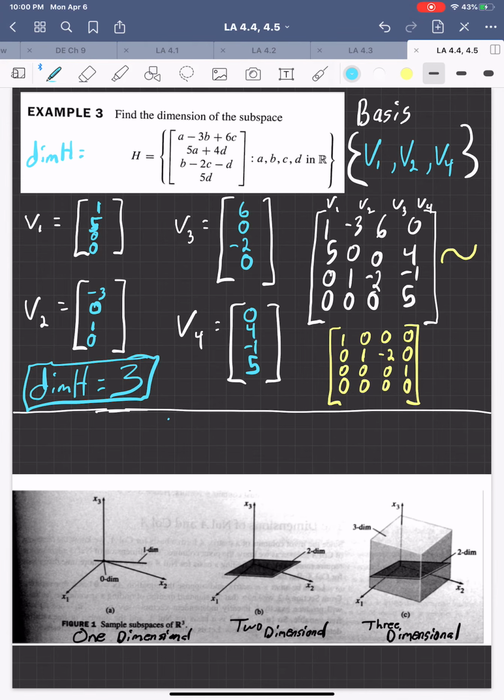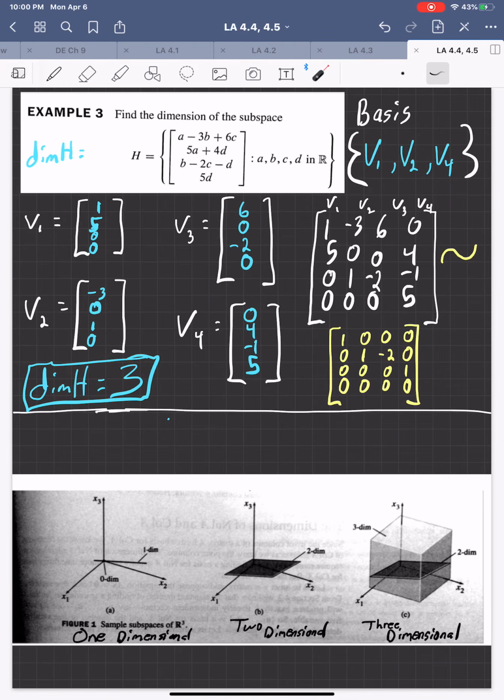All right. So at the bottom of the screen here, we're taking a look at some different subspaces of R3, right? So this is three-dimensional space, as is this, as is this.